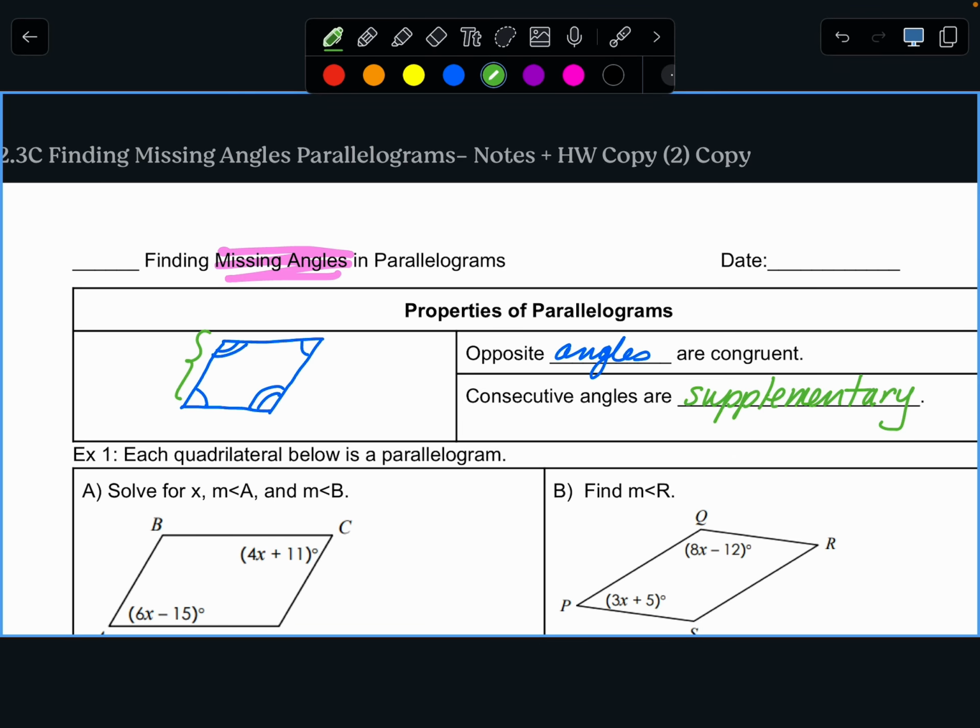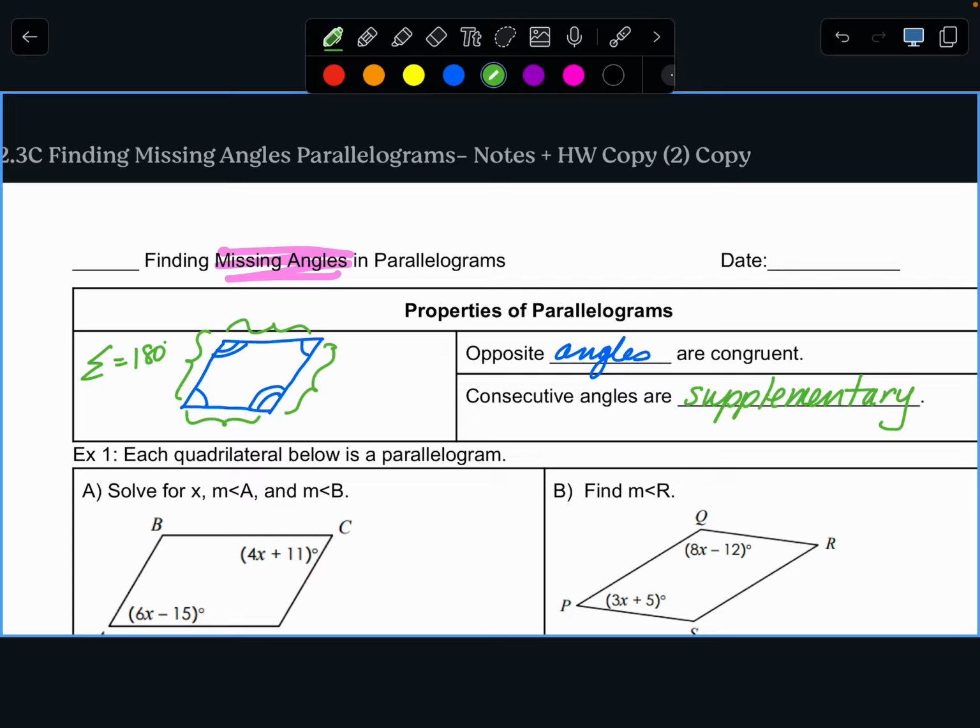So these and these and these and these all add to be 180 degrees. So in pairs, the two on the left, the two on the top, the two on the right, and the two on the bottom, in pairs equal 180 degrees.